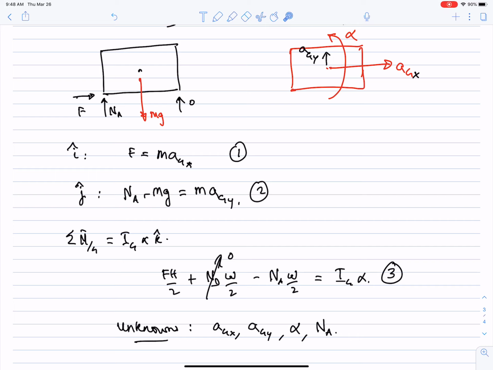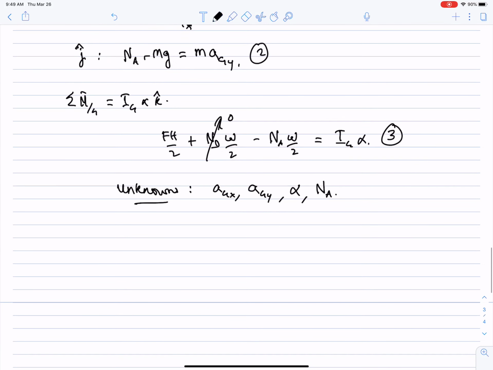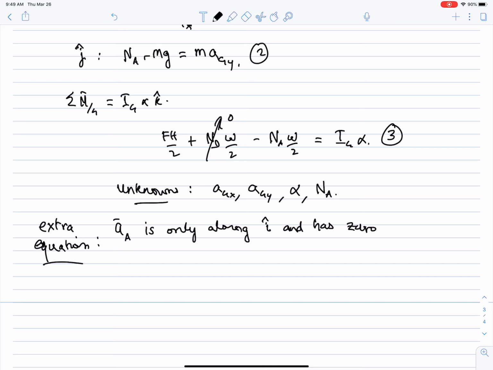Okay, so the kinematic condition, in other words, an assumption about the motion of the object, has to do with this point A, and we can essentially say that the extra equation is that the acceleration of point A is only along I and has 0 component along J.